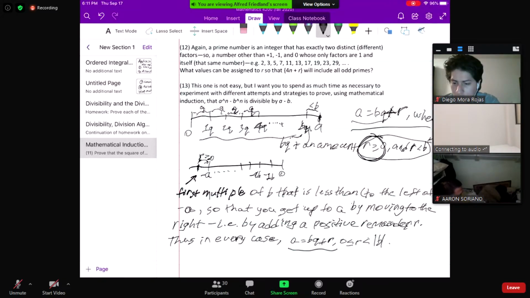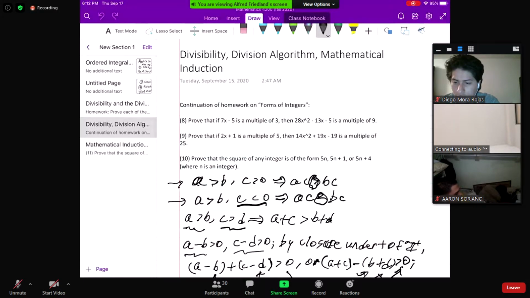And this, including the inequalities at the end, is called the division algorithm. Let me go back to the last class because I think I showed you the actual division there.